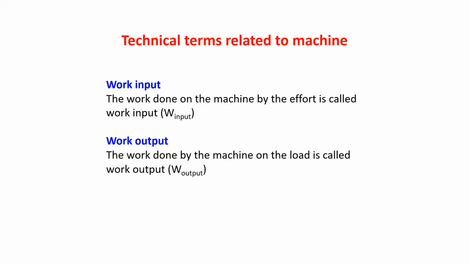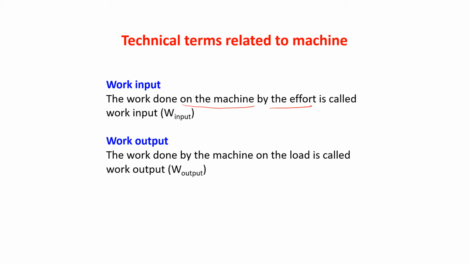What is work input? The work done on the machine by the effort. That means with the effort, some work has been done on the machine. Then the machine will do the work on the load.